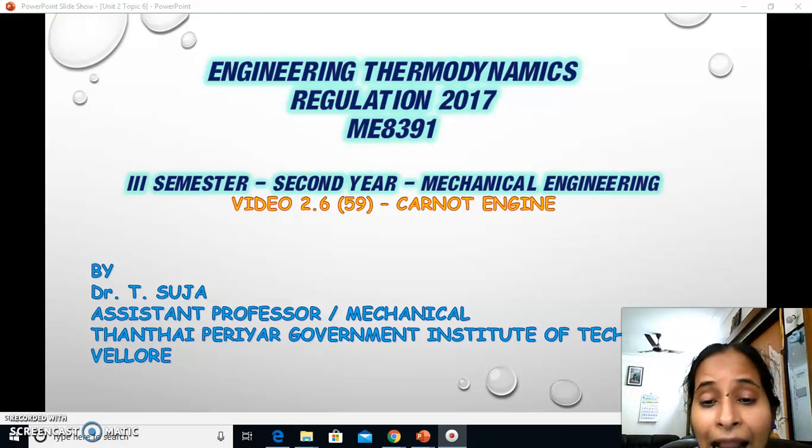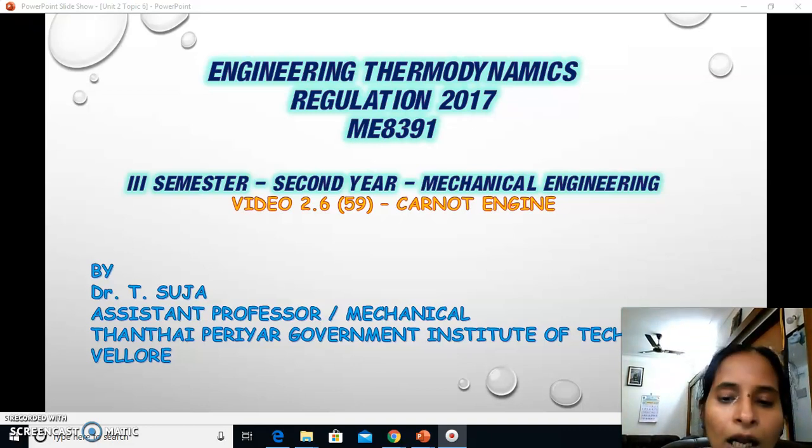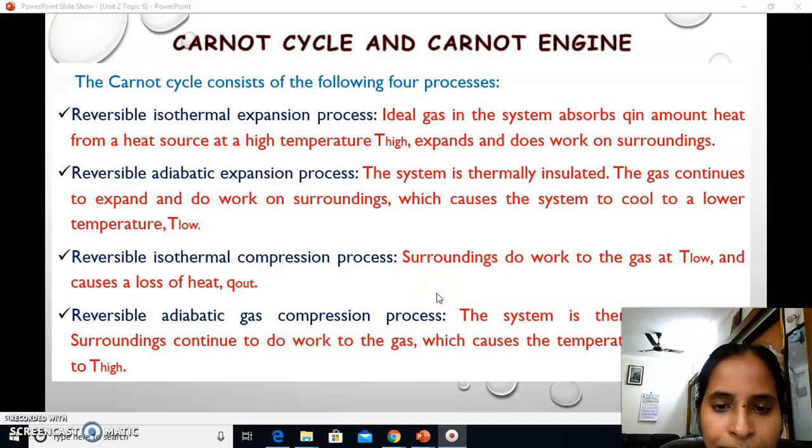Since it is an idealized condition which cannot practically be executed, the efficiency of the Carnot engine would be the maximum efficiency compared to other cycles. Okay, so let us move into the slides.